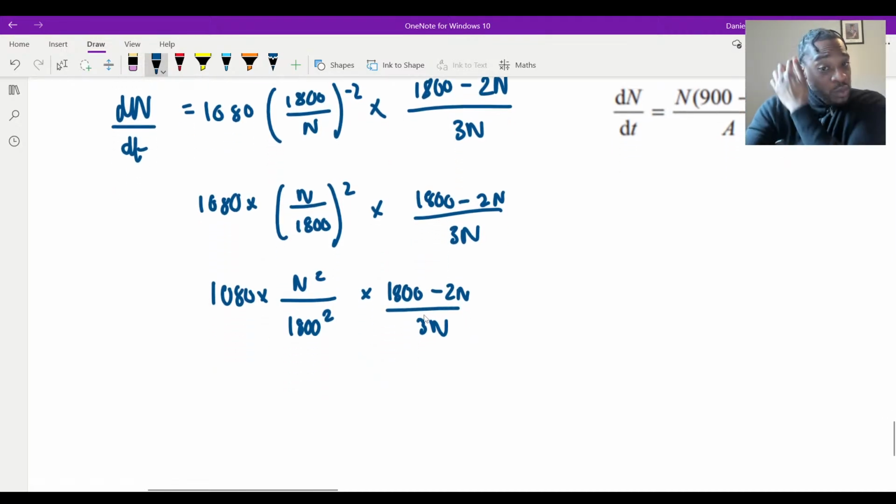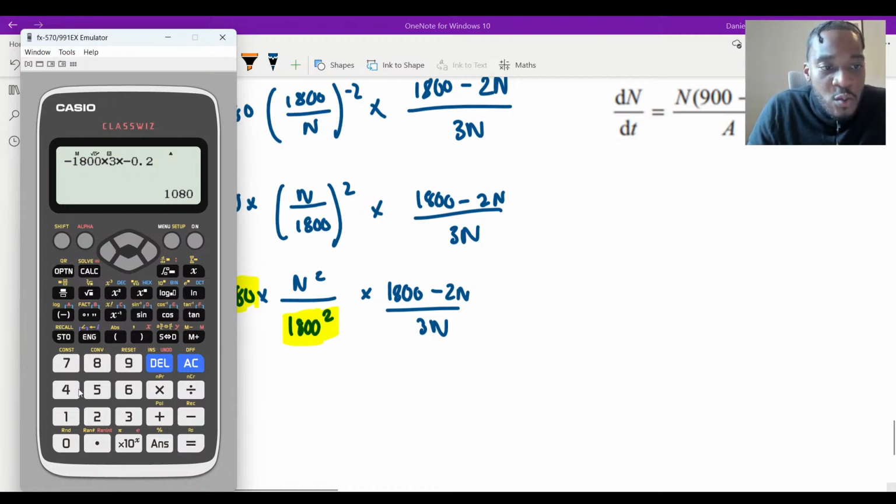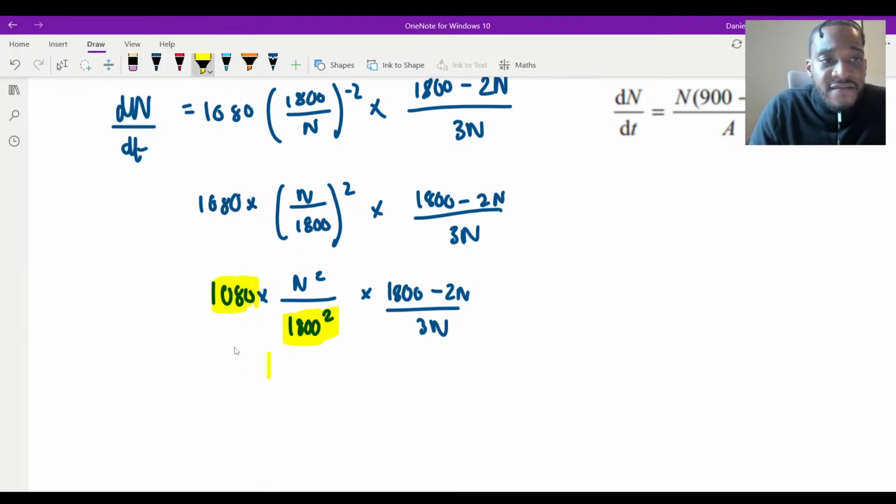So now we can tidy things up. Firstly, I've got 1080 over 1800. Let's work out what that is. 1080 over 1800 squared is going to be 1 over 3000. So I'm going to have 1 over 3000, 1 over 3000, n squared.